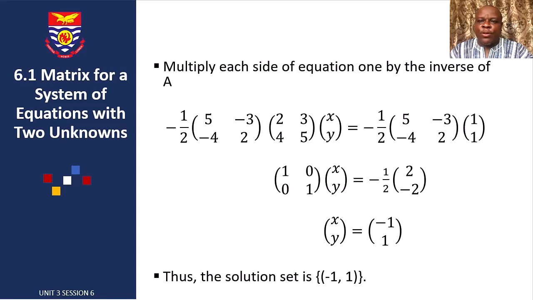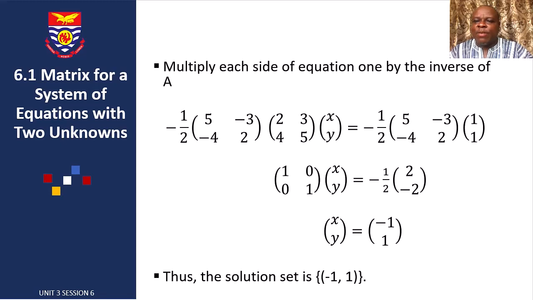Now we will use the inverse to multiply both sides of equation 1. So we use it to multiply the left side of equation 1 and the right side of equation 1. Then when we simplify the left hand side, we have 1, 0, 0, 1 against xy.